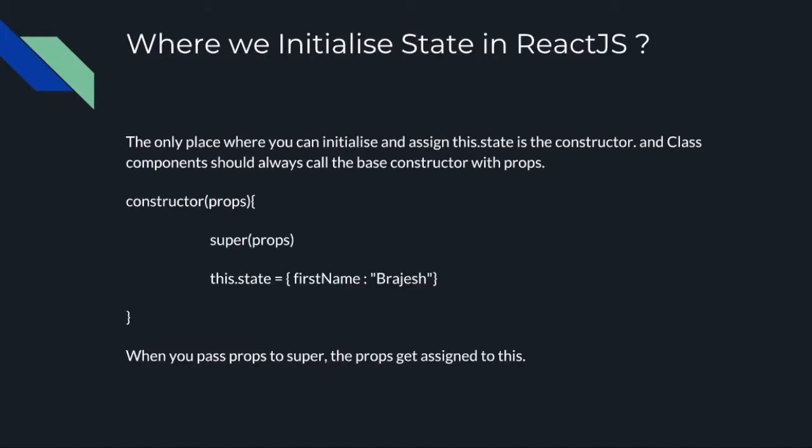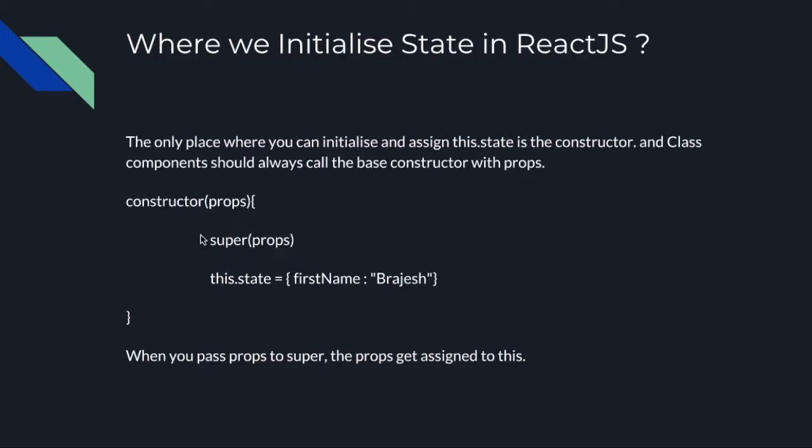Where do we initialize state in ReactJS? The only place where you can initialize and assign state is inside the constructor. The constructor inside a class component should always call the base constructor with the props. You can see here we have a constructor. By default the parameter is props, and inside the constructor you call super(props).